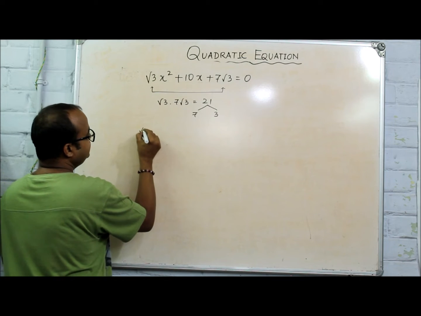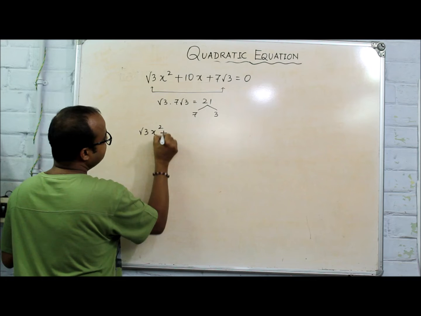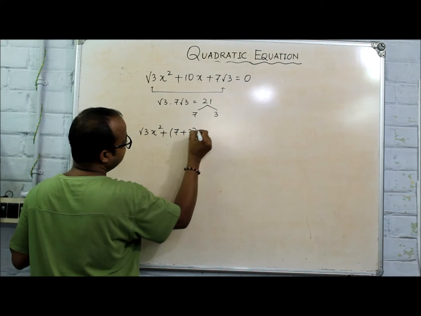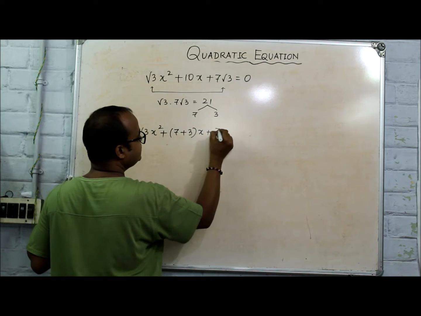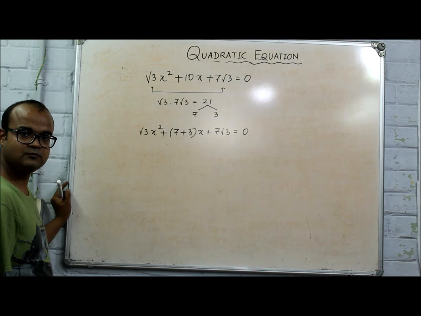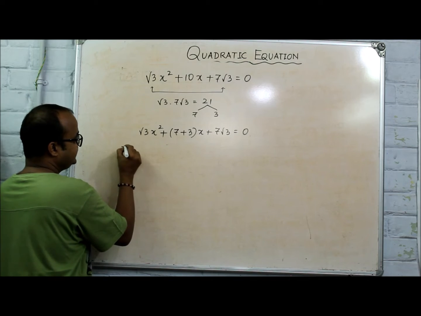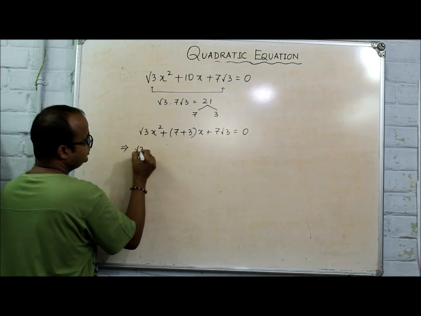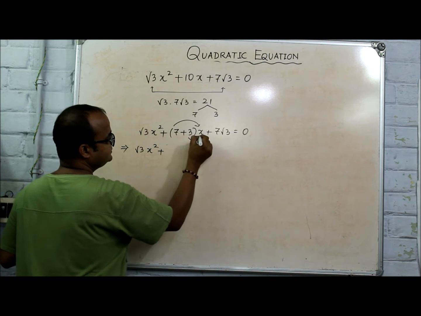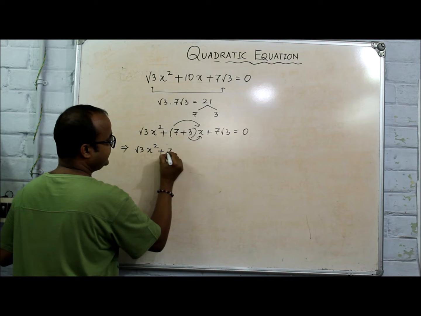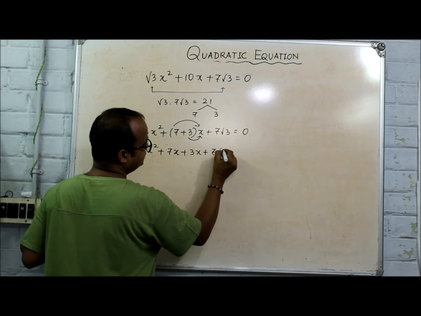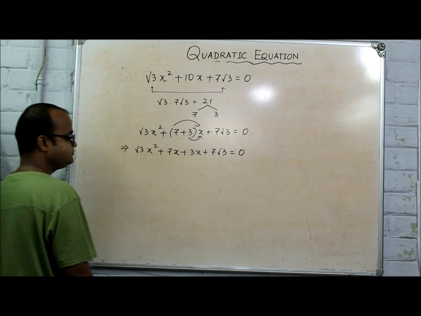So root 3 x square, in place of 10 we write 7 plus 3 into x plus 7 root 3 is equal to 0. Now it implies root 3 x square plus, we open up this bracket, so 7x plus 3x plus 7 root 3 is equal to 0.